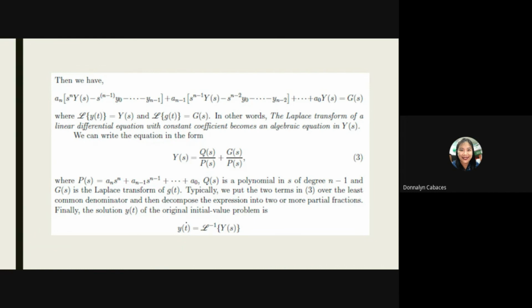So we are actually to find y of t, which means that it will involve finding the inverse Laplace transform. We just use here y of t because you have here Y of s. If it is F of s, then you are to find f of t. If you have G of s, then you have g of t.